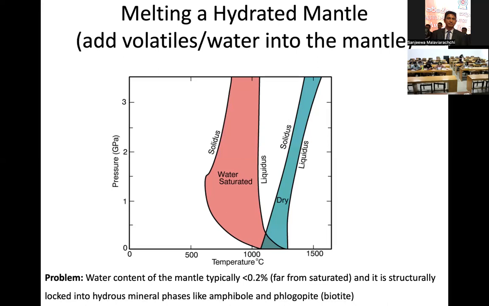So what is adding water to the mantle? What does it mean? Because we know we cannot immediately add water into the mantle, right? But there are some other possibilities where we can do this water addition to the mantle.